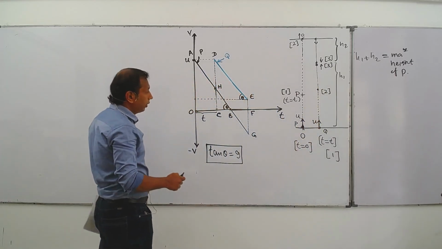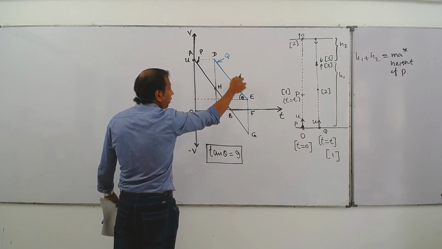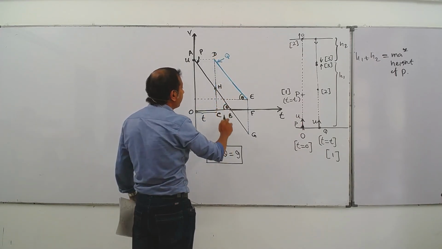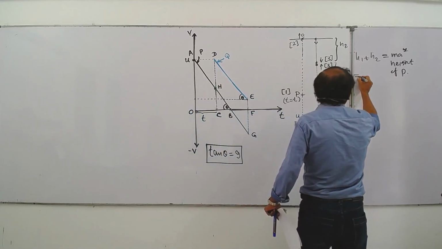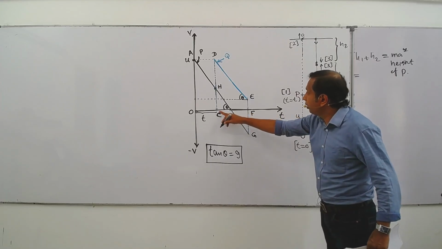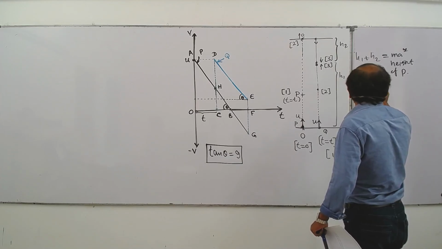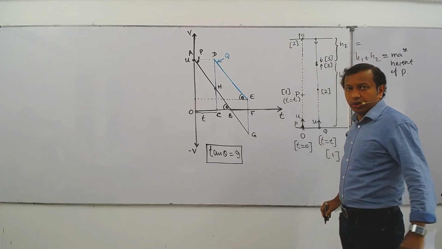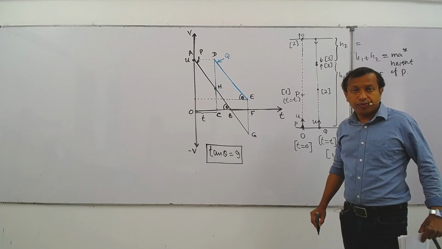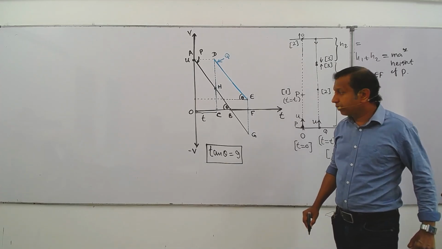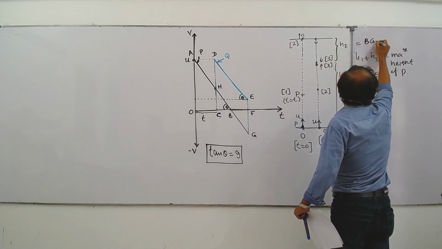That H1 height is given by, from this to right only we take the VT graph of Q. Then under this VT graph of Q, the covered area going to be C, D, E, F. Therefore, this H1 height is given by the area C, D, E, F. This H2 height means the height descended by particle P from its maximum position. That is given by B, G, F area.